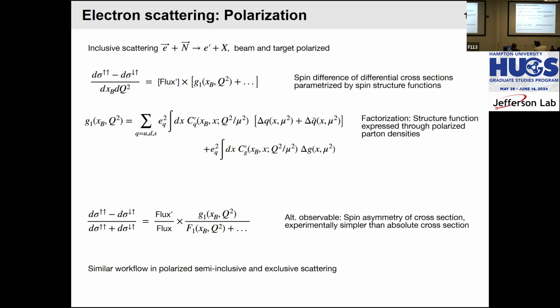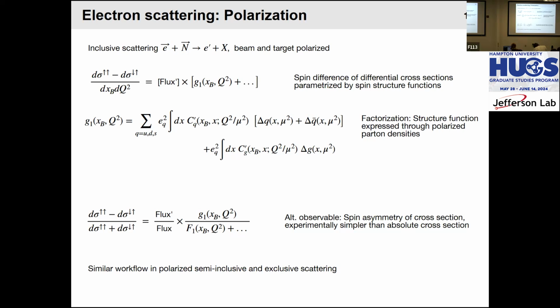It is expressed as an integral over what are called the polarized quark densities in the target, which describe the probability to find a quark with polarization along, minus the probability with polarization opposite to, the spin polarization of the nucleon. And same story again, there can even be a contribution from the polarized gluon density to polarized electromagnetic scattering.